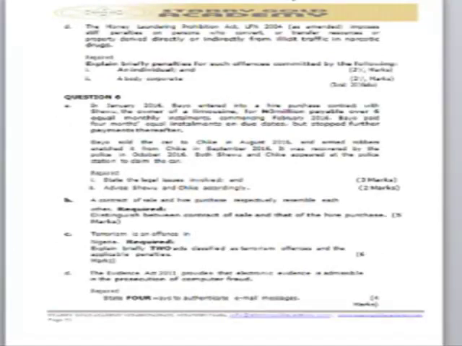Then let's look at D. The Money Laundering Act, Law of the Federation of Nigeria 2004, as amended, imposes stiff penalty on a person who converts or transfers resources or property derived directly or indirectly from illicit traffic in narcotic drugs. Required: explain briefly the penalty for each offense committed by the following: 1, an individual, and 2, a body corporate.